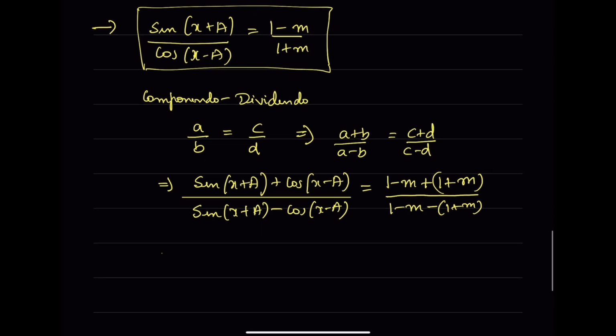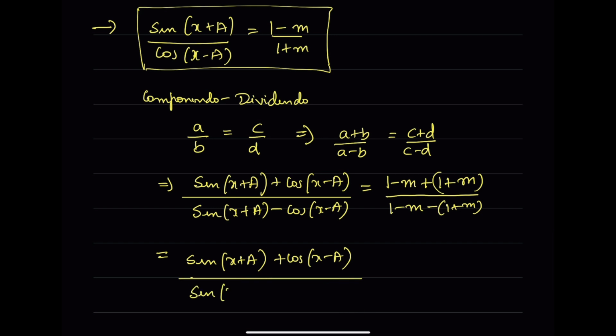So let's simplify this now. We can cancel the m here. We would get 2 divided by minus 2m. So this is equal to minus 1 by m.